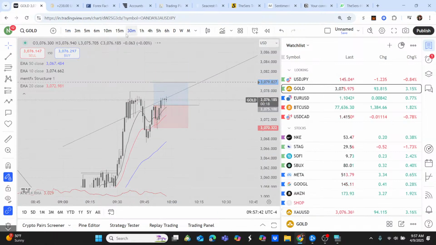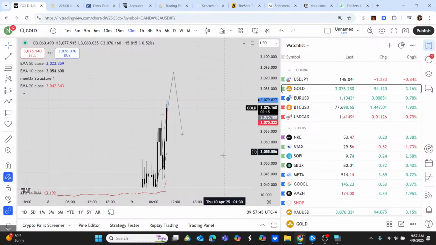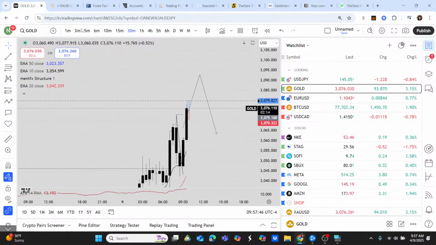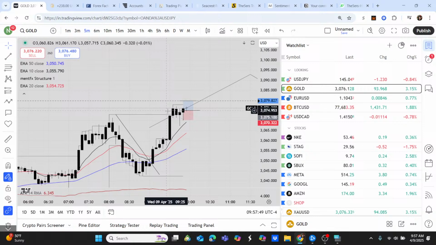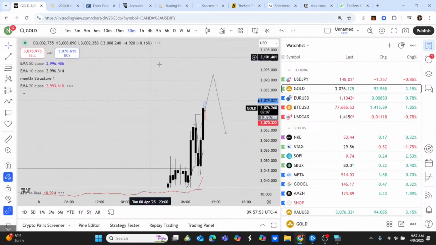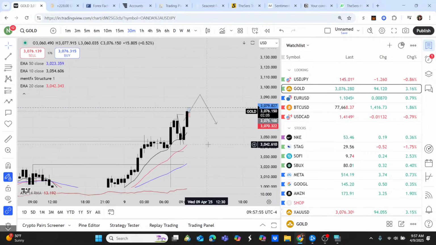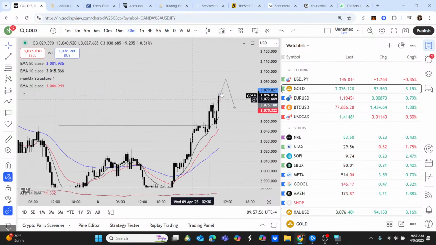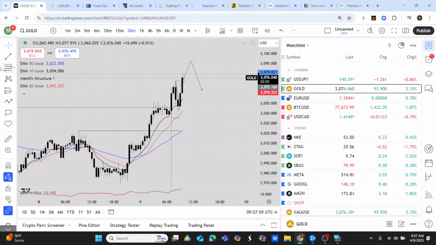And yeah, so back to what I'm waiting for. Personally, if I'm looking for a 5 minute entry, I would need this to first have a confirmation close, and then we pause against the 10 and 20, and then I can look.